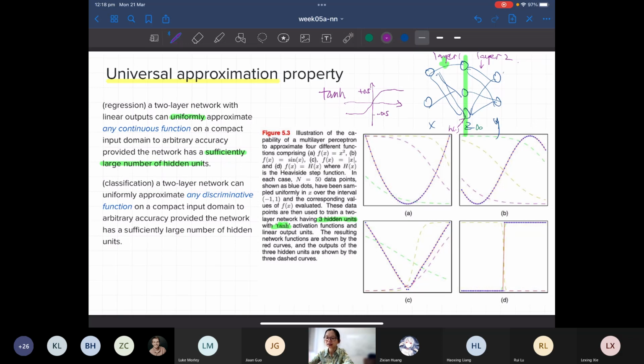Right, so you can see that the three hidden units somewhat look like a tanh or a flipped tanh when the weights are negative. And what's remarkable is that just linear combinations of these three dashed functions can generate these very different functions that we're after.